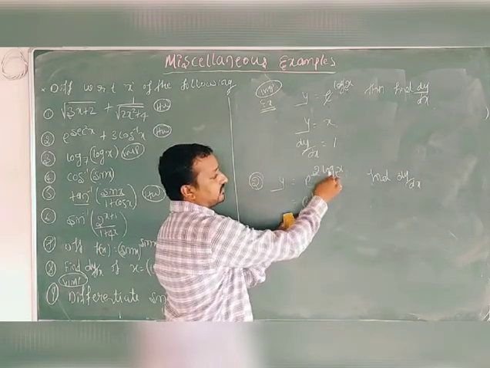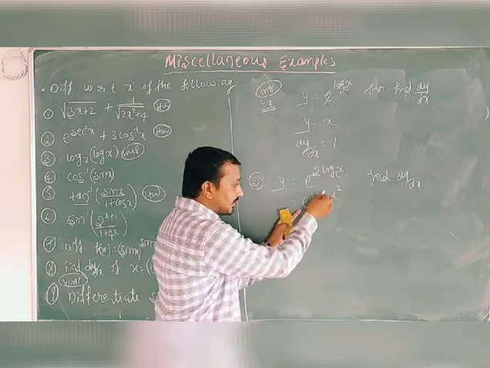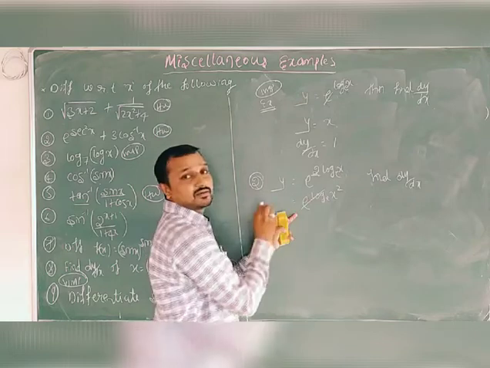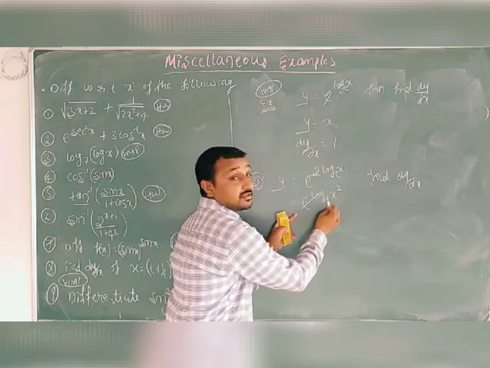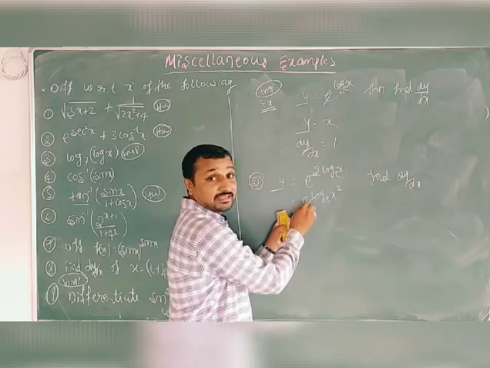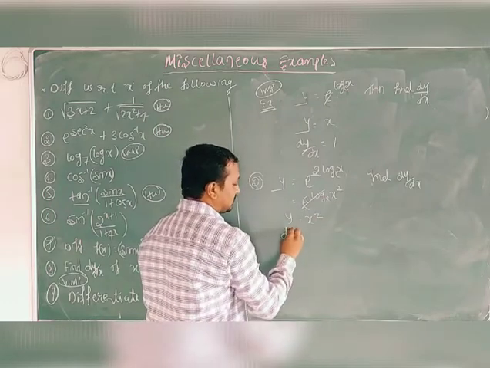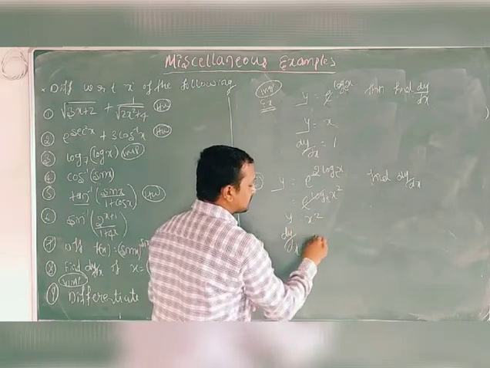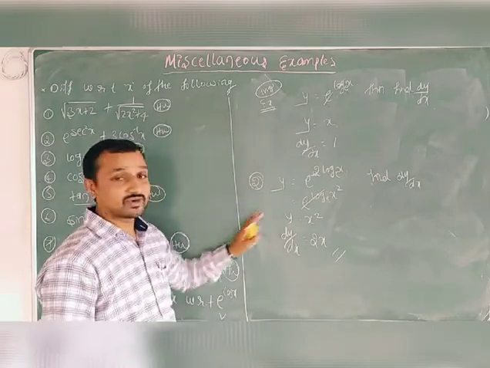This property is there. Here the exponential and logarithmic functions to the base e get cancelled. Then y is x square. What is the value of dy by dx? 2x is the answer.